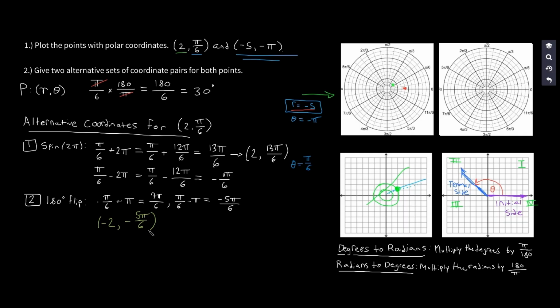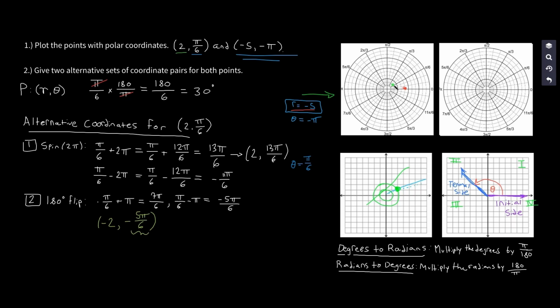Okay, so -5 pi over 6 is the case where we're at pi over 6 and then we subtracted pi to get -5 pi over 6.